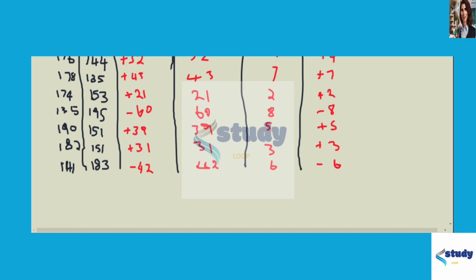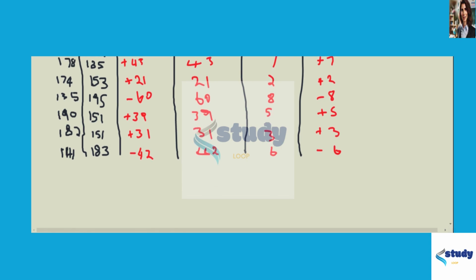It then states the null hypothesis for the test. H naught: there is no improvement in the scores.